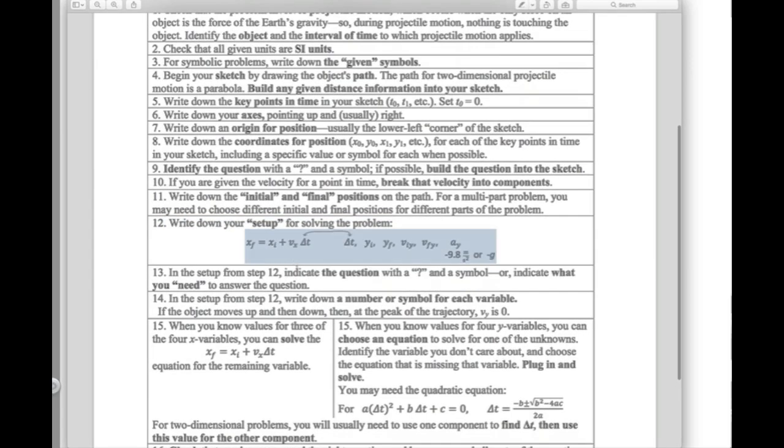Try to build the question into our new setup. So this is no longer the question. We already figured that out in part B. The question is asking us for Vx and V1y, the final components of the velocity. All right, but notice we already know Vx.